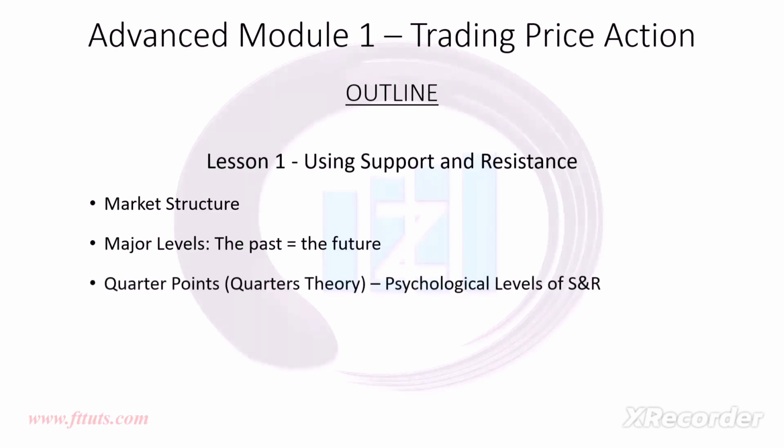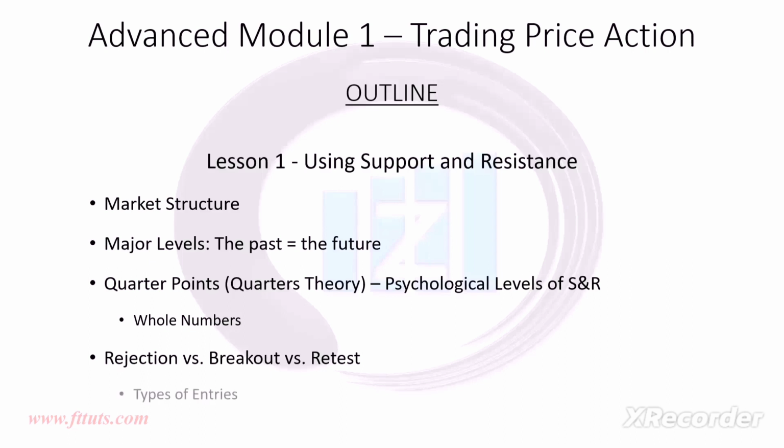And we're going to talk about quarter points in video 3, psychological levels of support and resistance, whole numbers, things of that nature. And then our last video, we're going to talk about the differences between price getting rejected, price breaking out of a level, and then our classic retest, which is going to be our bread and butter entry, is that the retest of either a rejection or a breakout at a specific level.